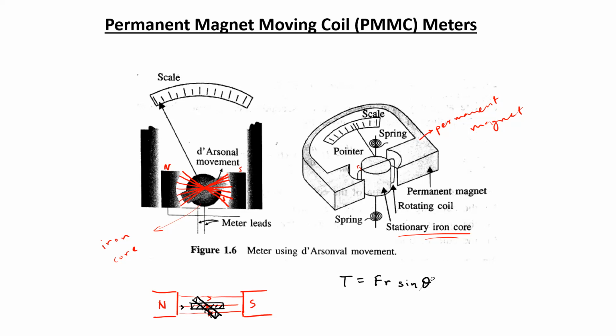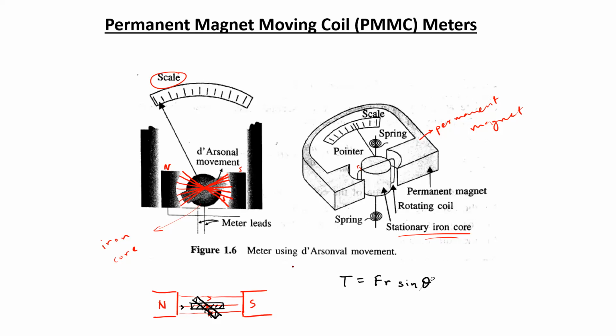So rather than using a non-linear scale, a linear scale can be used in order to specify the different quantities in terms of, let's say, the amperes or voltages in those units. A uniform scale can be formed.